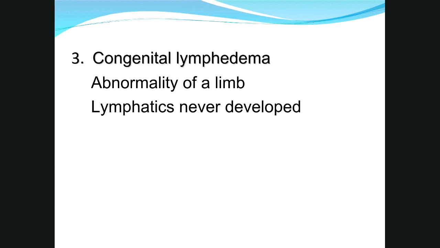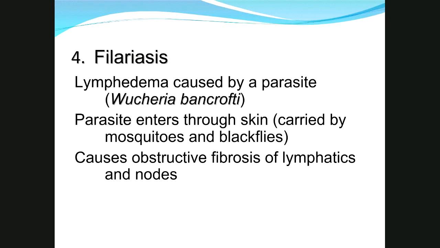Some people are born without lymphatics, maybe in just one arm or one leg, but they never develop. And so that person has to deal with swelling their entire life. And then finally, another thing that can happen to the lymphatics is they can be infected by a parasite.